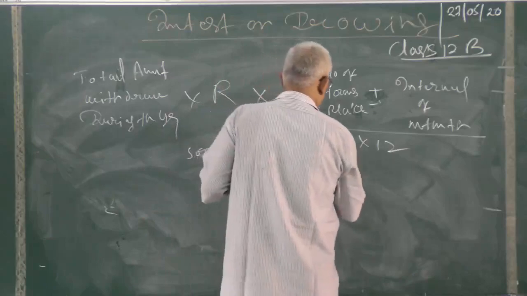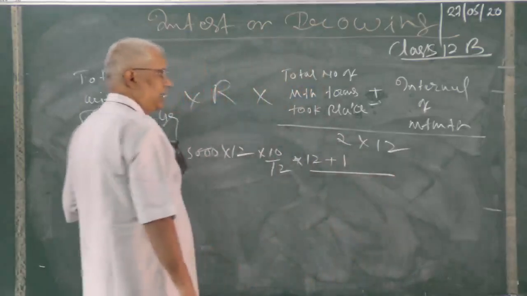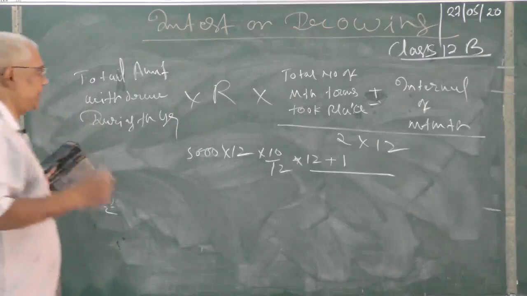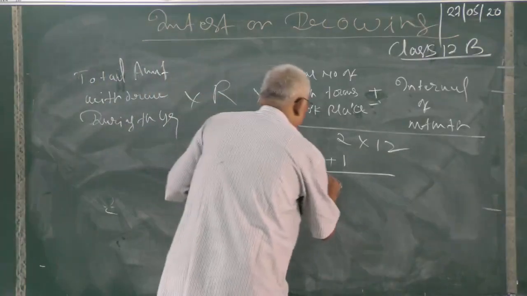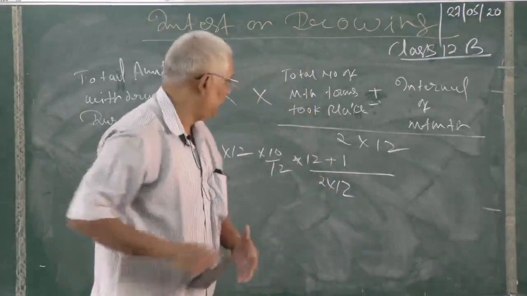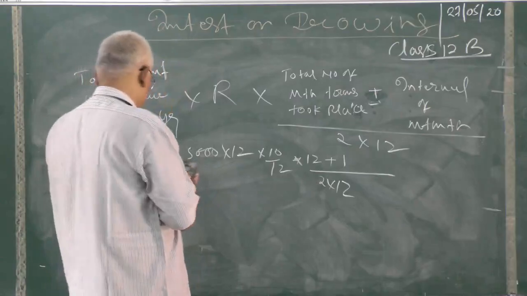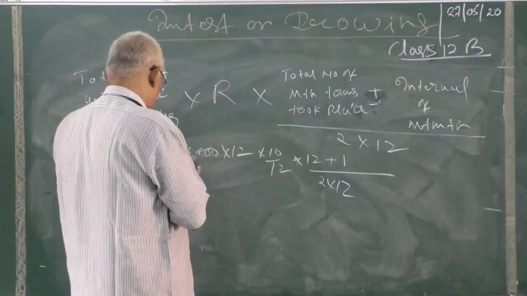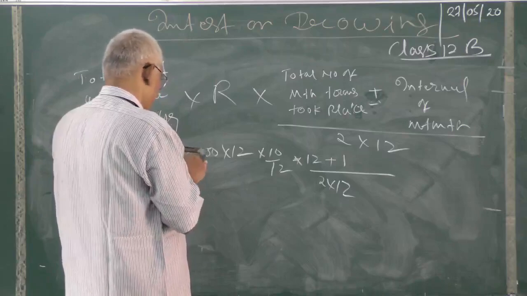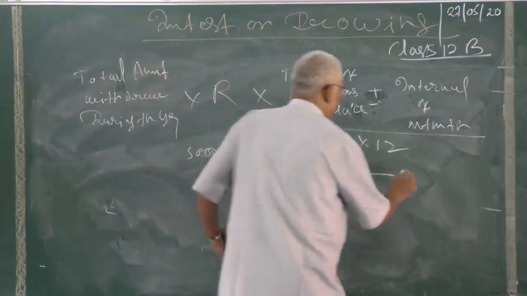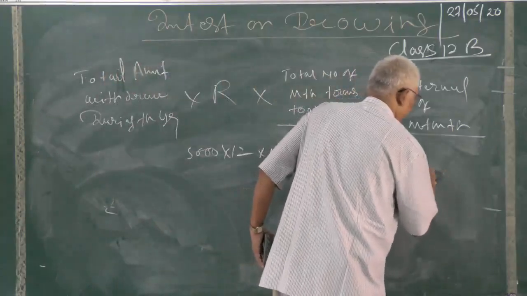Plus interval of month is how much? 1. 1st January, 1st February, 1st March, 1st April. So interval of month will be 1 divided by 2 into 12. Your answer will be 5,000 into 12 into 10% into 13 divided by 24. Your answer will be 3250.